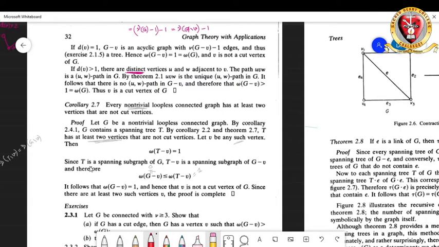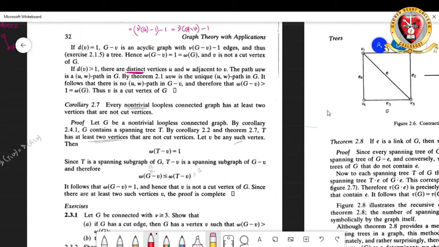Also we know that T is a spanning subgraph of G, and definitely we can say that T minus v is a spanning subgraph of G minus v. Why? Because T is spanning, so the set of all vertices of T will be equal to the set of all vertices of G, and we are just removing one vertex v from both of them.